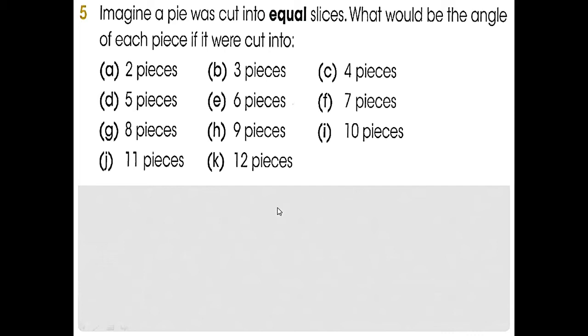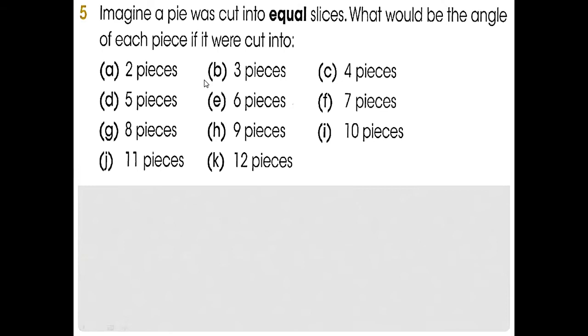Question number 5. Imagine a pie was cut into equal slices. What would be the angle of each piece if it were cut into two pieces? So one angle should be 180 because the pie has 360. If you cut into two pieces, 360 divided by 2 is 180.